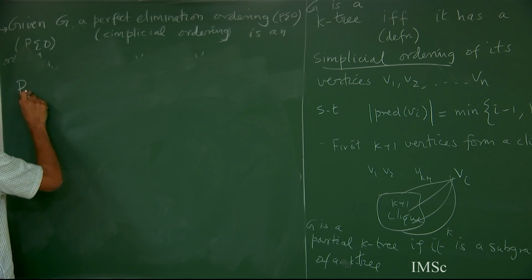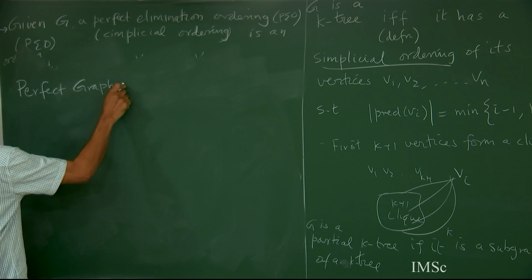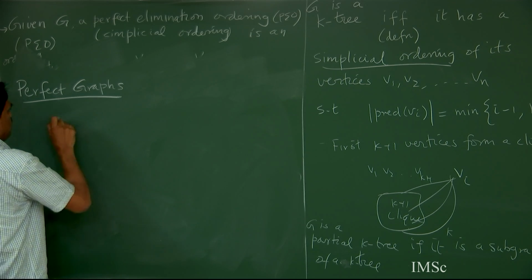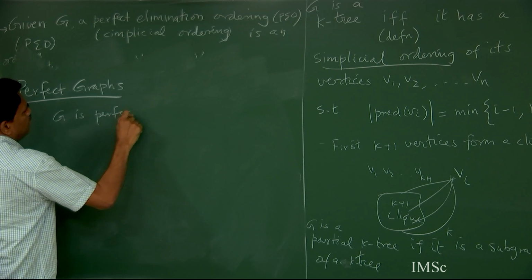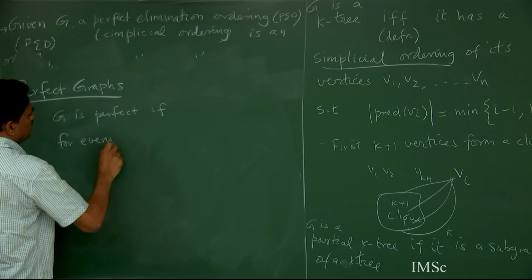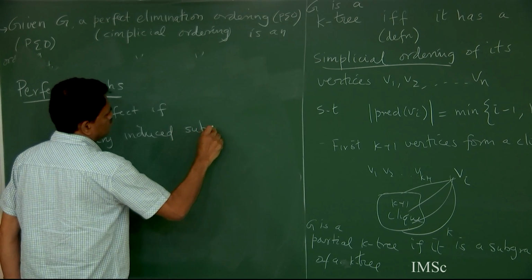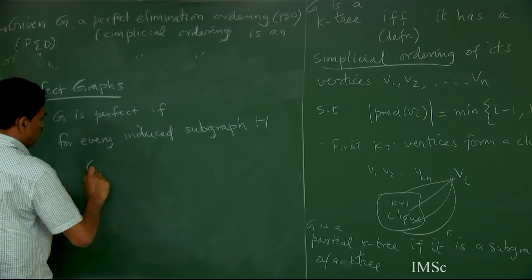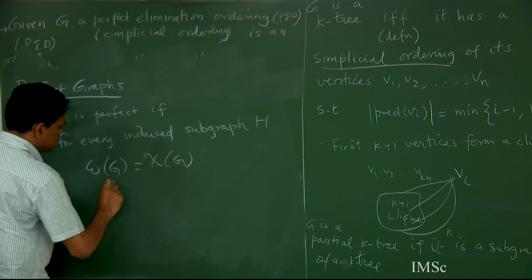There is a whole class of graphs called perfect graphs. What are these graphs? G is perfect if for every induced subgraph H, omega of H is equal to chi of H. What are these notations?